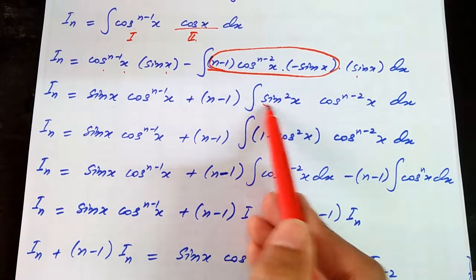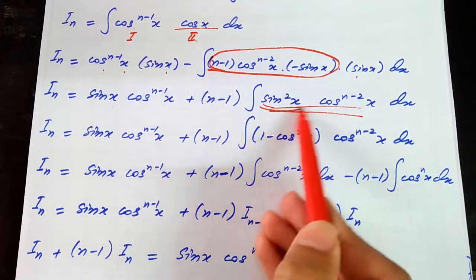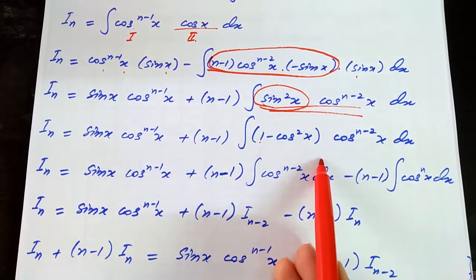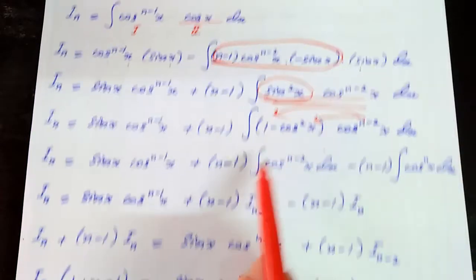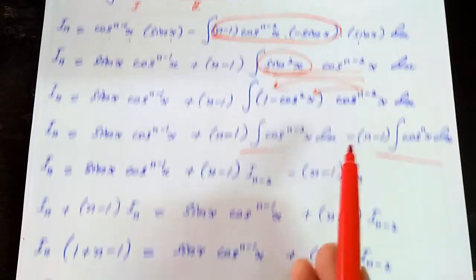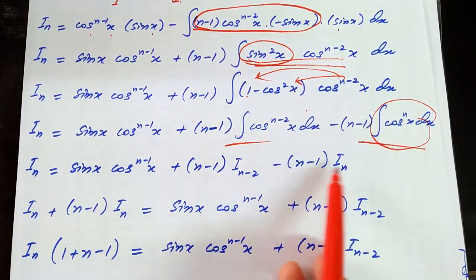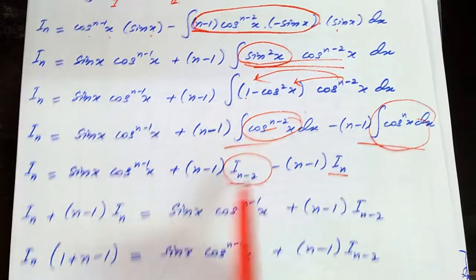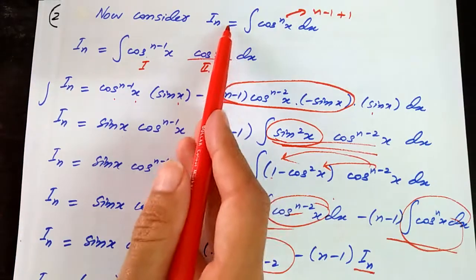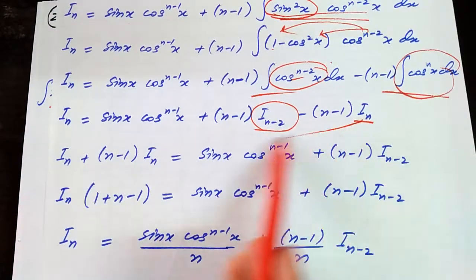Now simplify, open all the terms. Now I am converting this whole thing into cos function. So just replace sine square of x as 1 minus cos square of x and multiply it inside this thing. We'll get these two integrals. We know that this is the same integral, so let it be In, and this is cos n minus 2, so let it be I n minus 2, which is the same thing as like this. Move it on the left side.